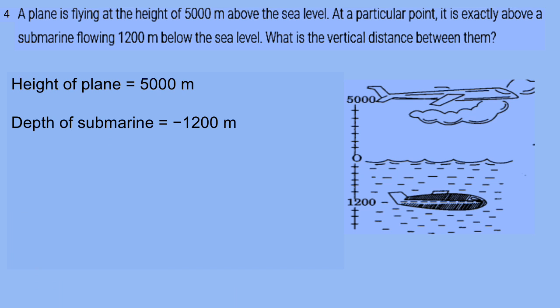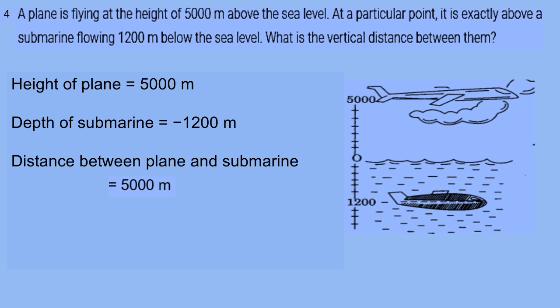So distance between plane and the submarine is equal to 5000 meters minus, the depth of the submarine, minus 1200. Here I will remove the bracket, minus into minus is plus 1200 meters. The same sign, so I am going to add these two things. So my answer will be 6200 meters.